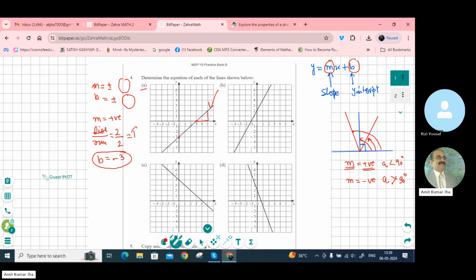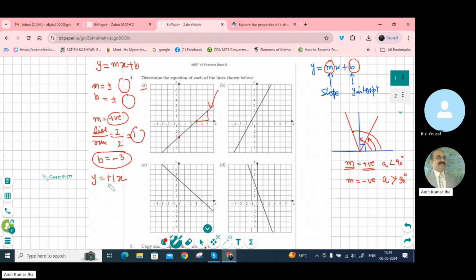And when we join all this information, because our basic equation is y equals mx plus b, y equal to m, we have written 1.